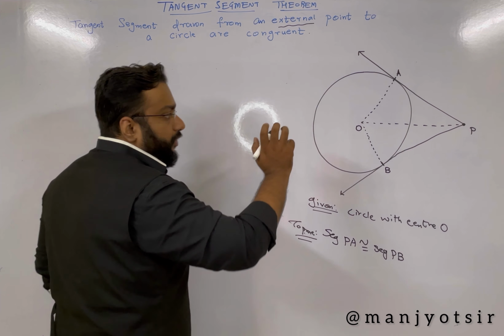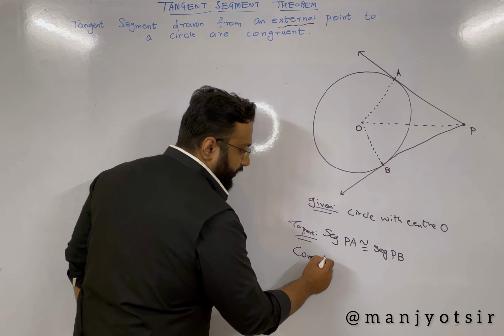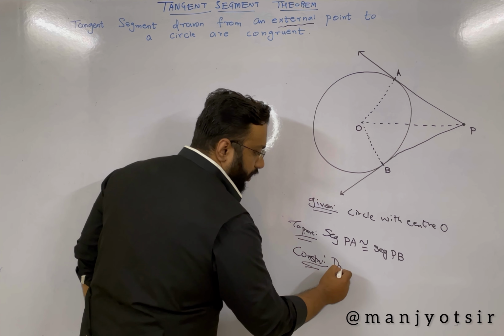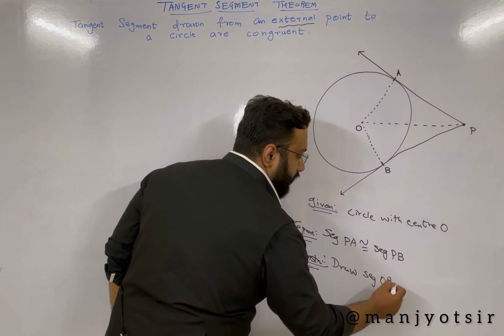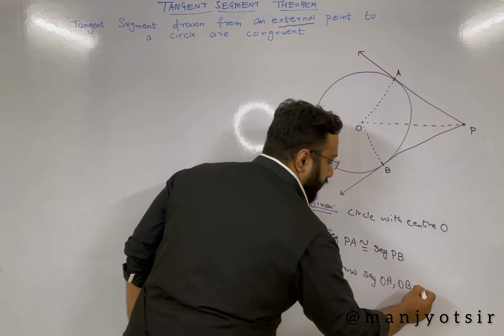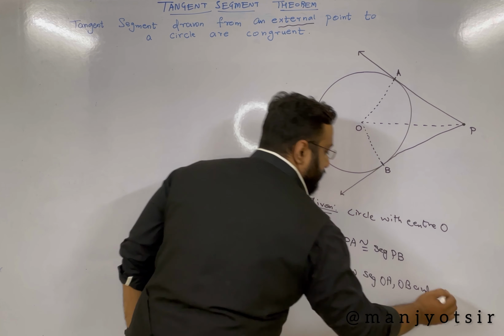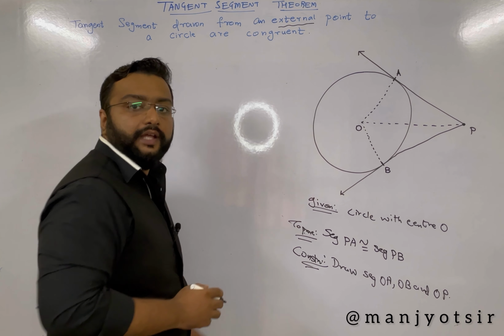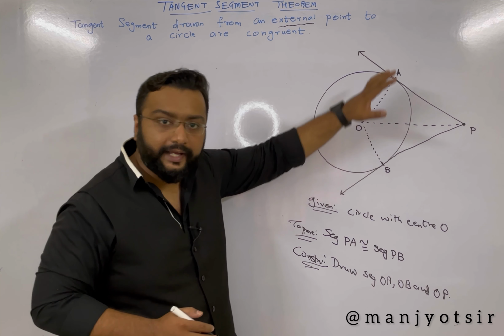Now we have drawn something, so let's write it in the construction part. In construction we can say: draw segments OA, OB, and lastly we have drawn segment OP. So these are the three segments that we drew. Now observe, we need these two triangles congruent.